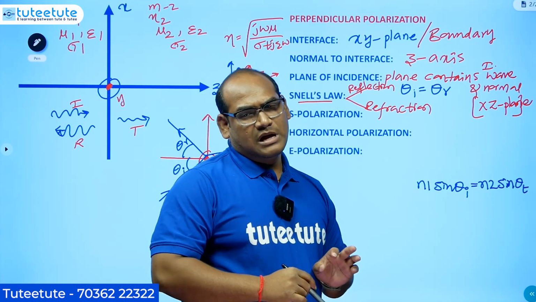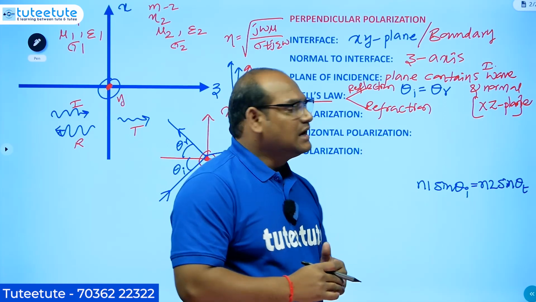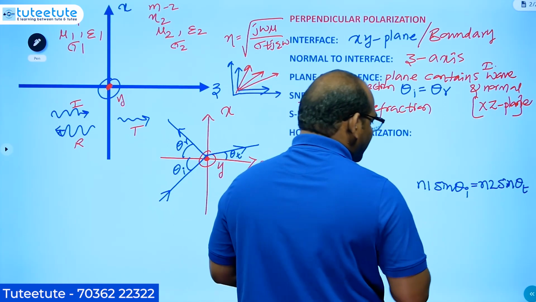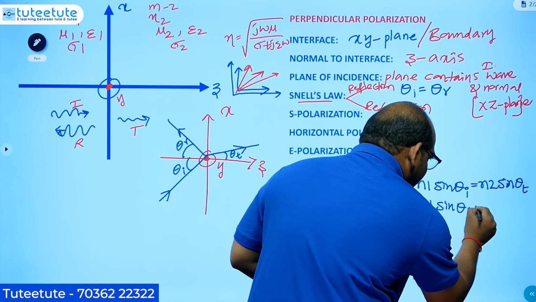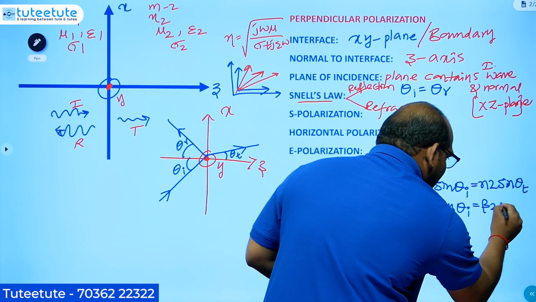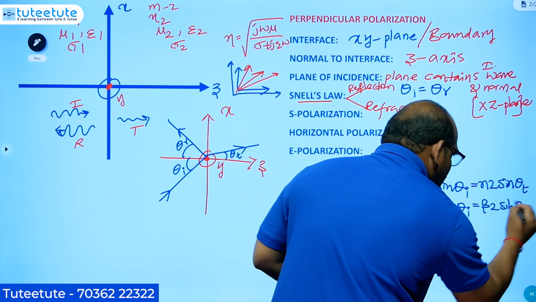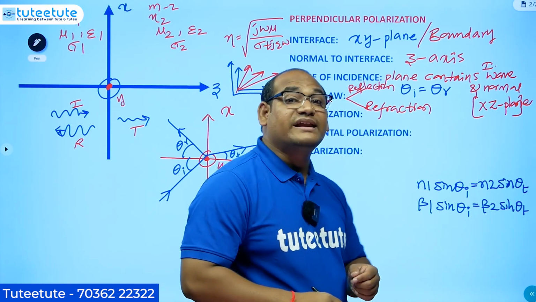And we can modify this equation like beta 1 sin theta I is equal to beta 2 sin theta T. In further lectures we are going to use this particular relation.